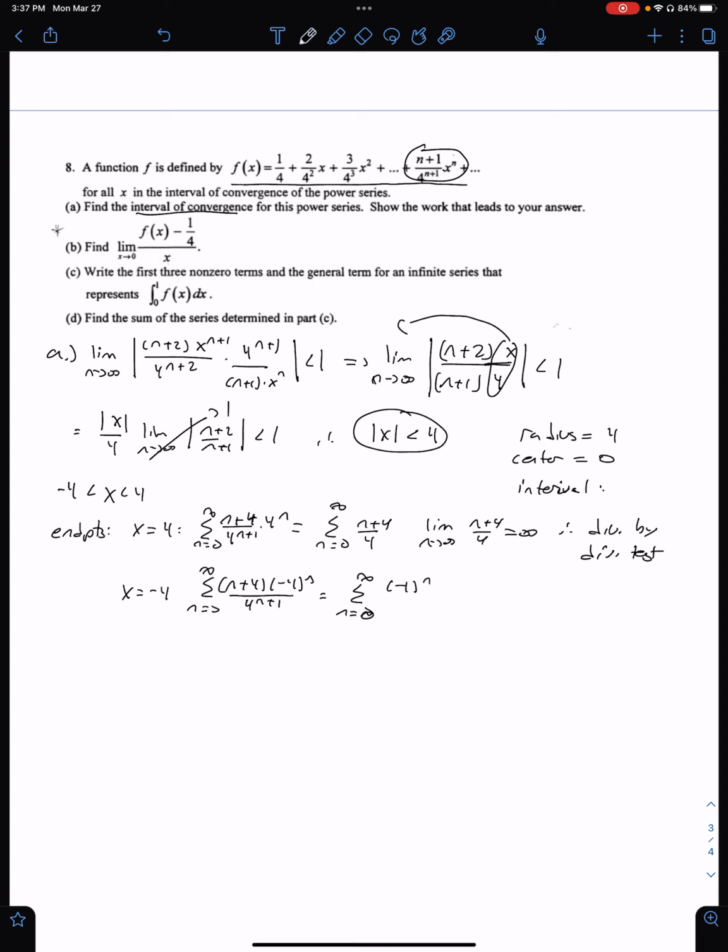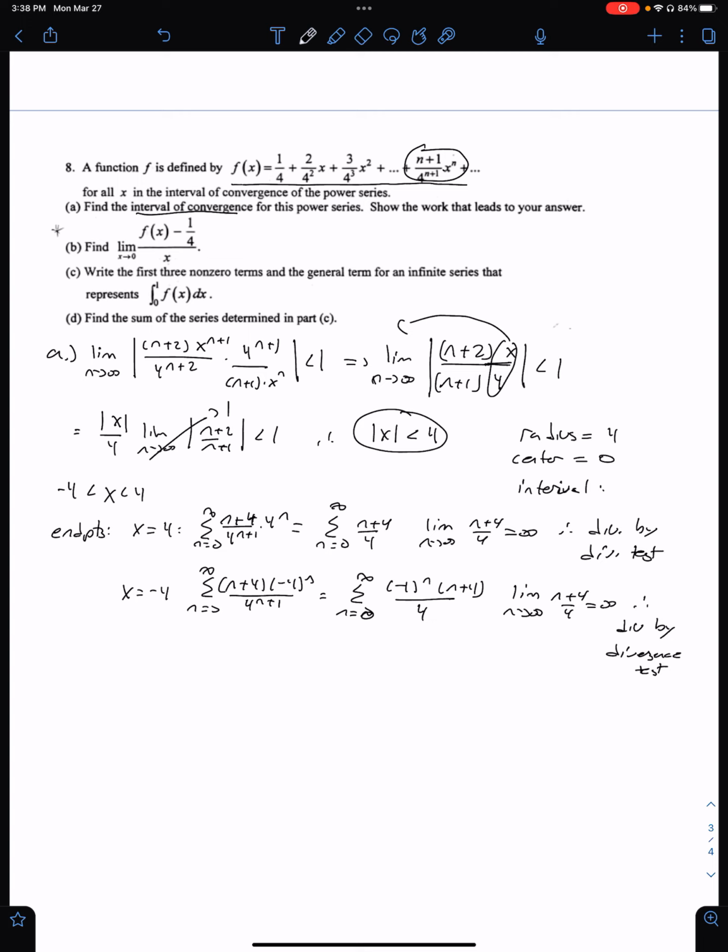But the 4 to the n is going to cancel. We're going to be left with this n plus 4 all over just 4 again. And same thing as before, if we take the limit as n goes to infinity of n plus 4 over 4, this becomes infinity. So therefore, again, this will diverge by the divergence test right there.